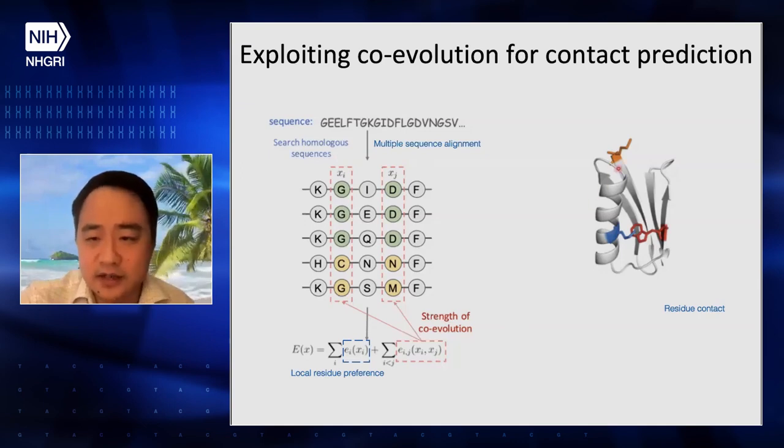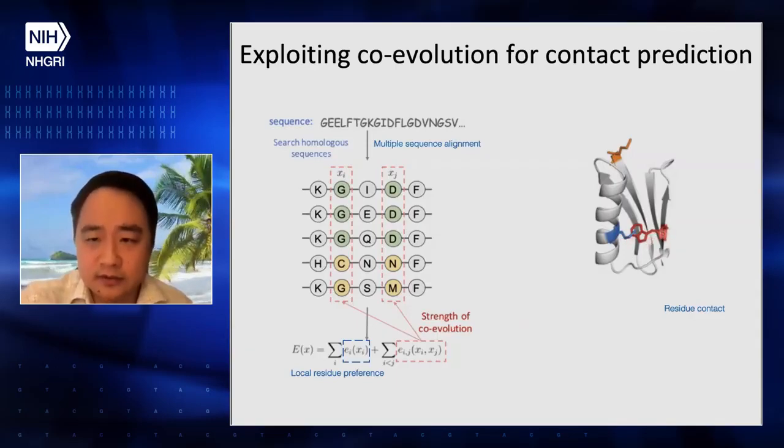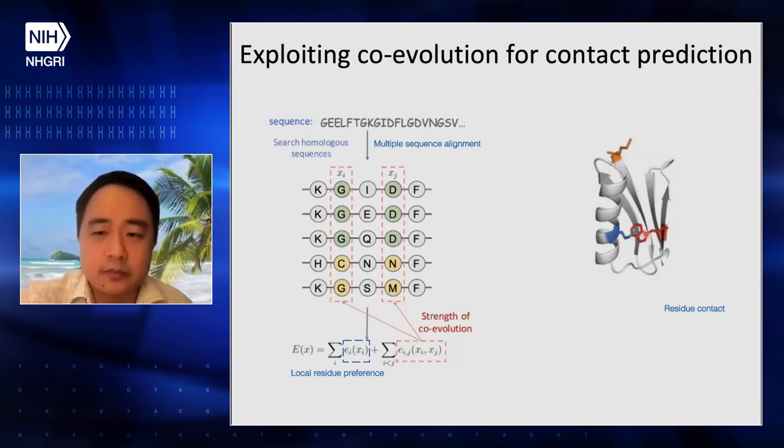For example, consider the structure on the right. We have three residues, and these two, the red one and the blue one, tend to be interacting with each other because they're spatially close by. When we mutate, substituting one residue with another amino acid, the other one would also like to be mutated or substituted accordingly.